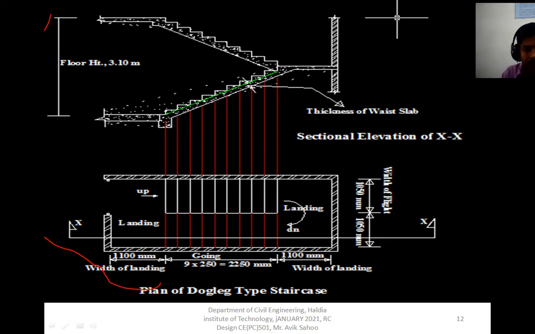And this direction is upward direction, and after reaching the landing then you turn 180 degrees and you go up again and reach the floor. So here the openings are there.